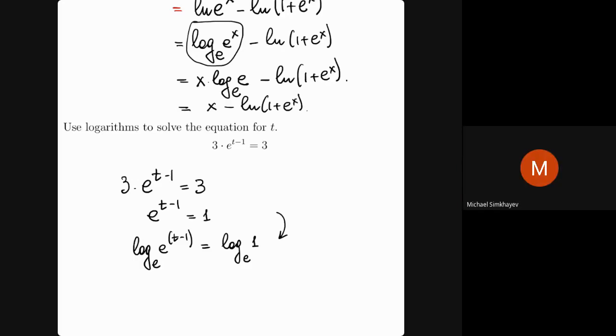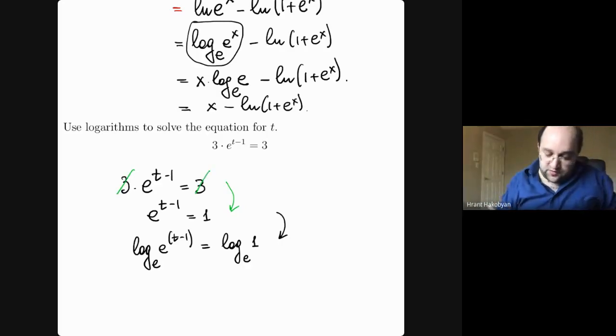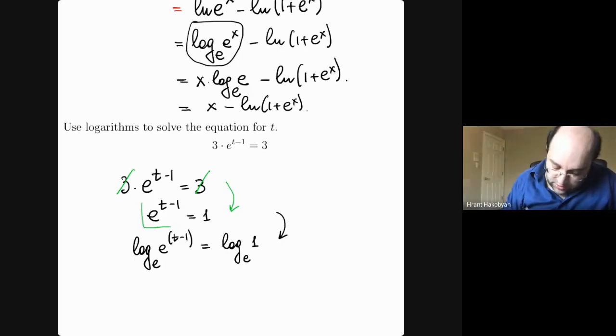Okay, Mohammed, since you asked, going from here to here, I cancel the 3's on both sides, or if you want, I divide by 3 on both sides, so I get this equation here. Then I have this equal to that, so I want to take logarithm of both sides.